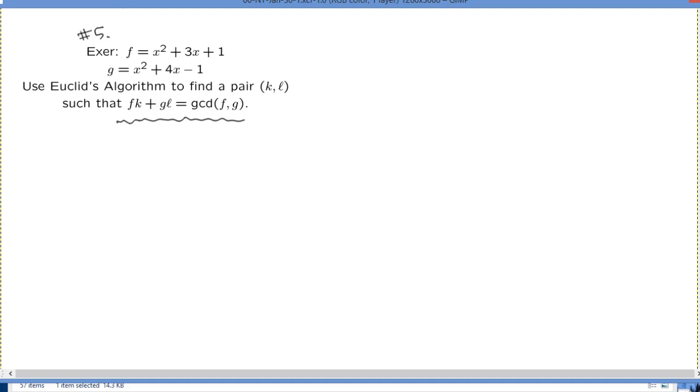What polynomial divides both of these two things? X plus 4? I don't see that x plus 4 divides f. X plus 2? Anyone else? What's it going to be? No?